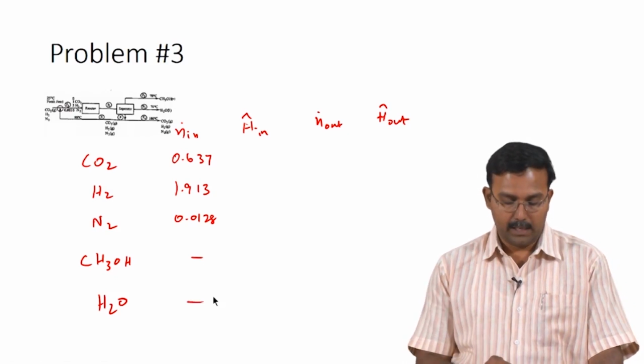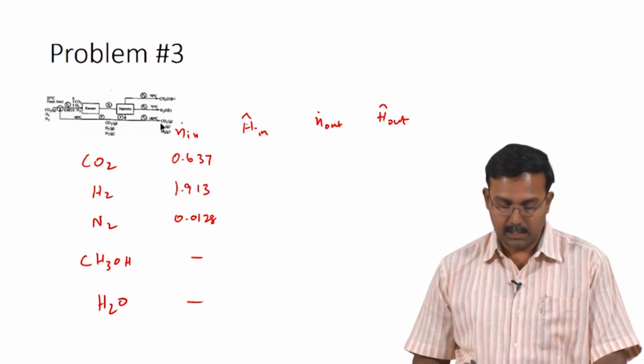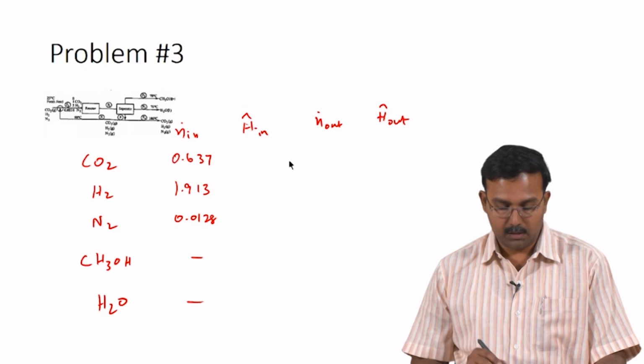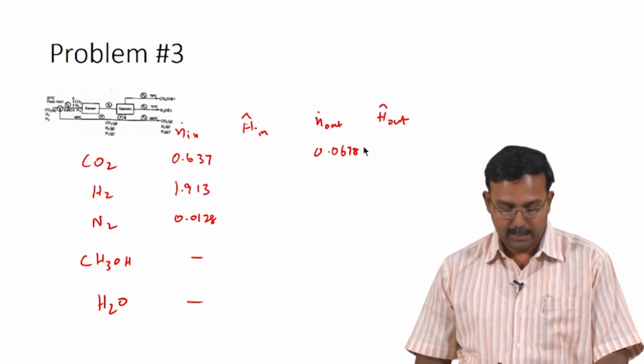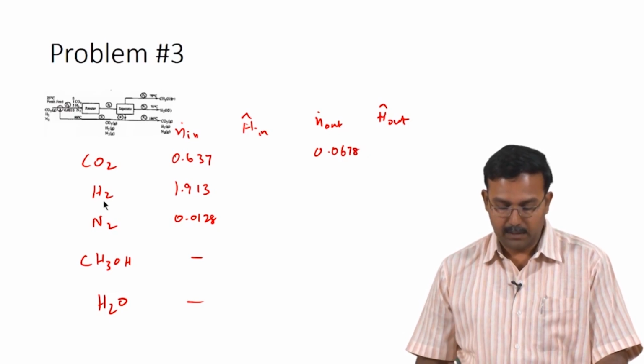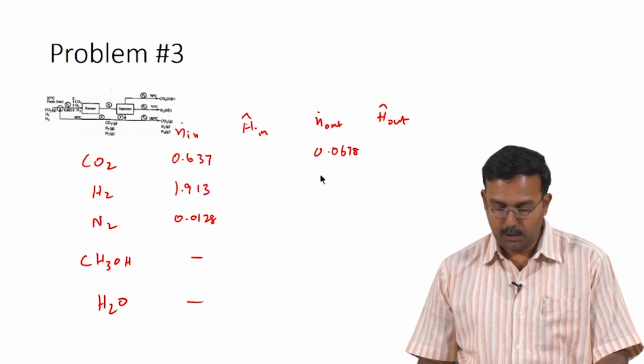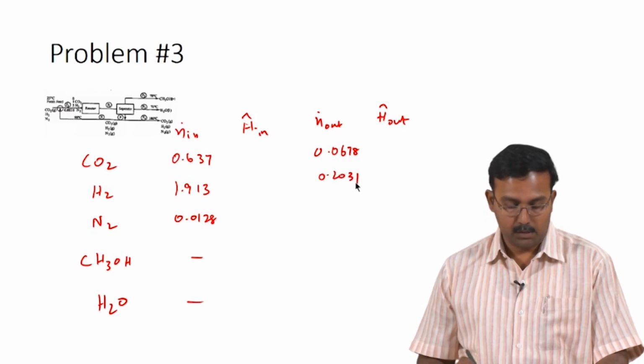So, let us look at the exit streams. We now have carbon dioxide leaving through the purge stream. We have calculated the number of moles of carbon dioxide leaving through the purge stream as 0.0678 kilomoles, and the amount of hydrogen leaving through the purge stream is 0.2031 kilomoles.